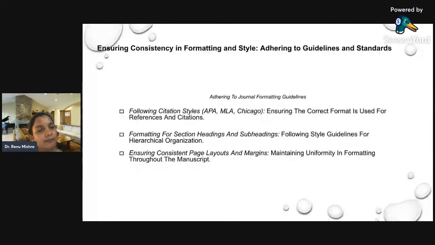Now, a very important thing, guys, when you're talking about formatting, editing, proofreading, one thing I have seen missing in the majority of the work is consistency in the guidelines. We aim for high standard journals, high standard publishers, high standard conferences.